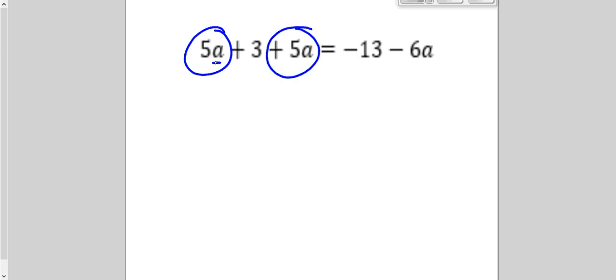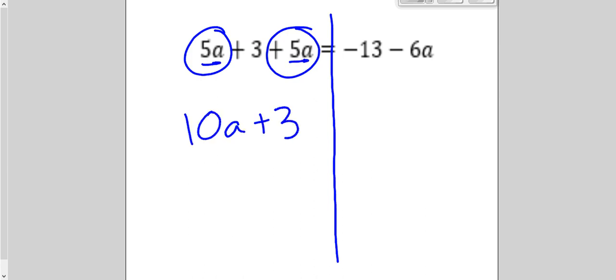Those both have an a with them, and they're both on the same side of the equal sign, on the left side. So I need to combine those two together. 5 plus 5 is 10. So this is 10a plus 3 equals negative 13 minus 6a.